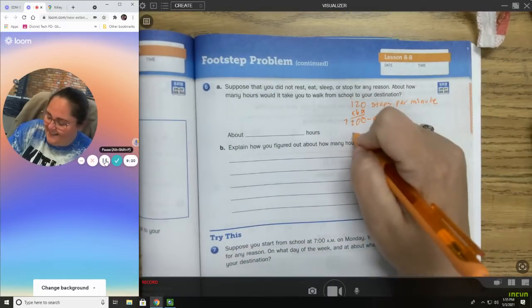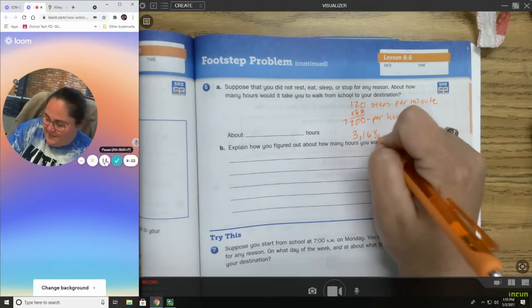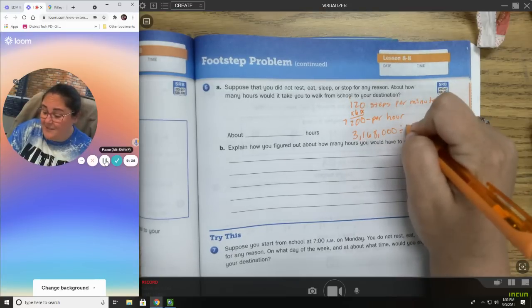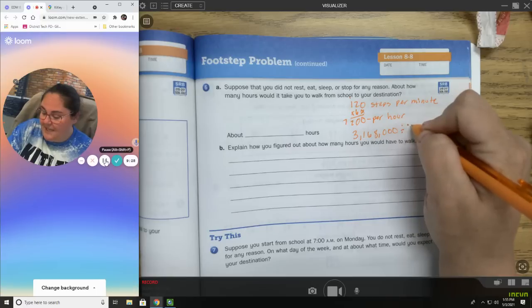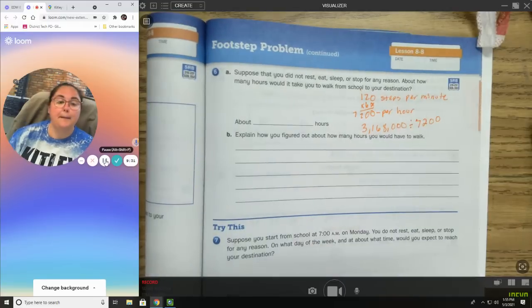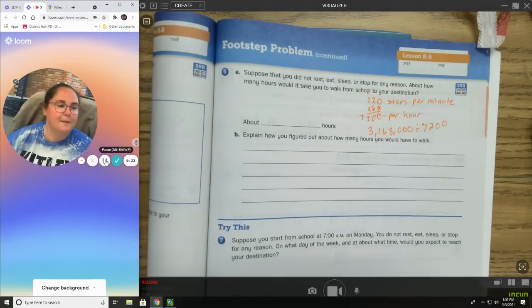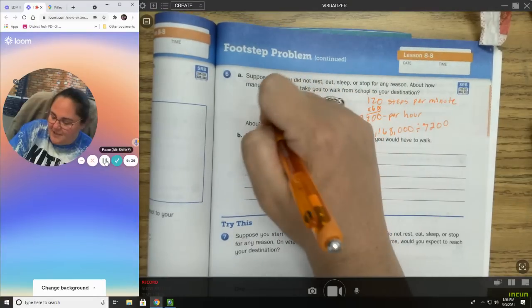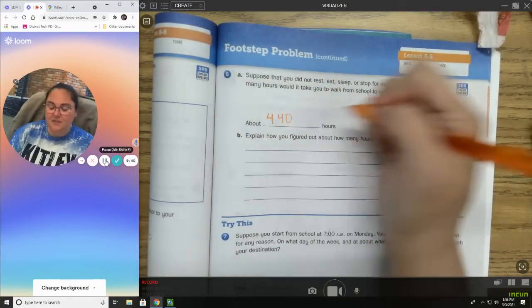But I have to walk 3,168,000 total steps. So I'm going to divide. What's 3,168,000 divided by 7,200? It's about 440 hours.